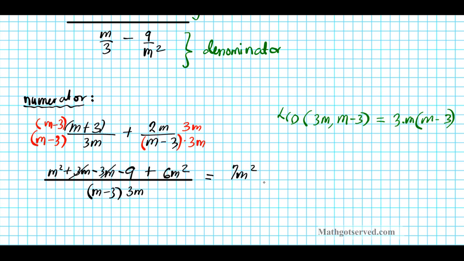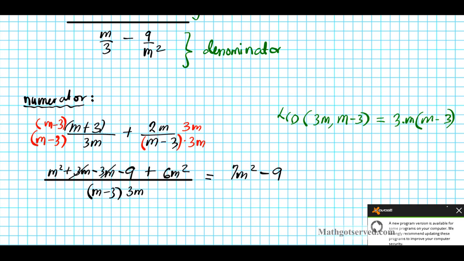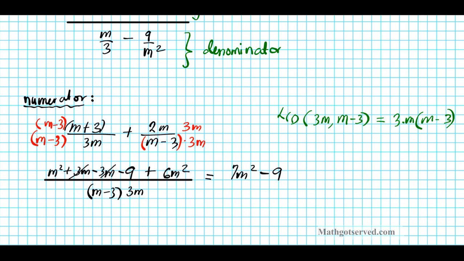So we have 7m squared minus 9, okay? All right, and then in the denominator, we can distribute that out. We'll have 3m to the second power minus 9m. Okay, so there goes the numerator.